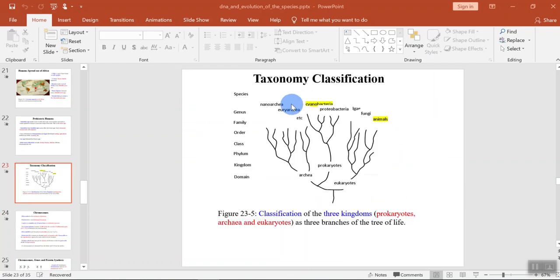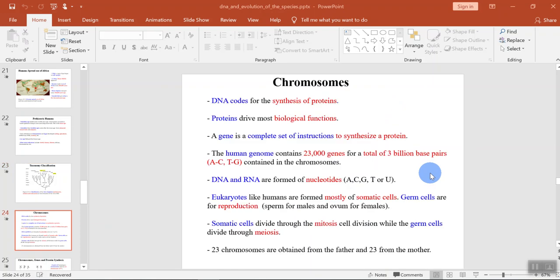So this is a classification of the three kingdoms. There's the bacteria, there's the prokaryote, and eukaryote. There's cyanobacteria here, and then animals, and so on. We said, talking about chromosomes, that DNA codes for synthesis of proteins, and proteins drive most biological functions.